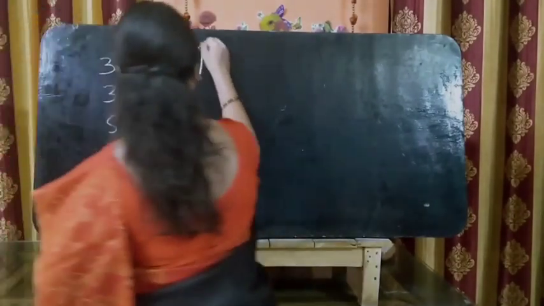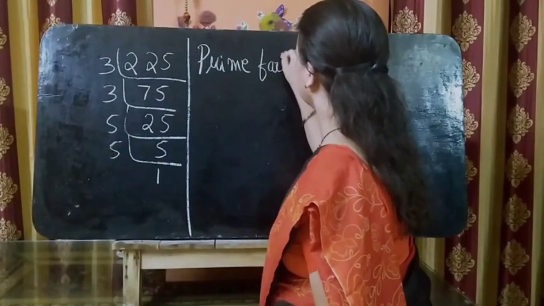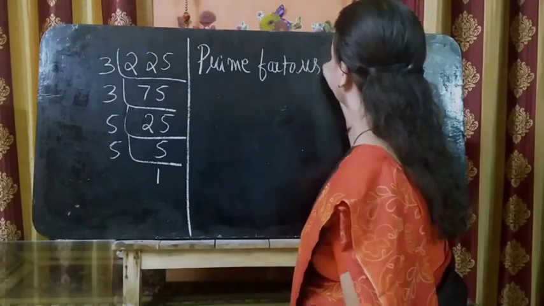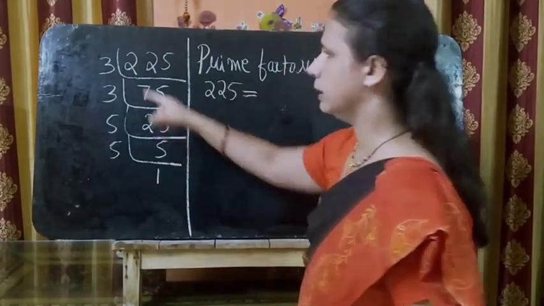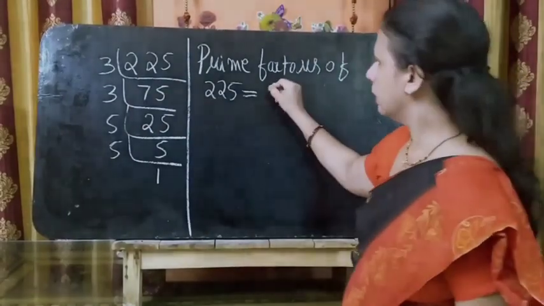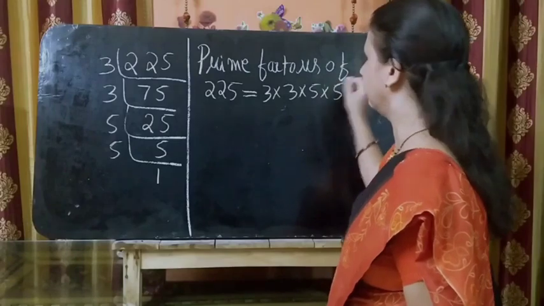Prime factors of 225. What are the prime factors? Here 3 into 3 into 5 into 5.